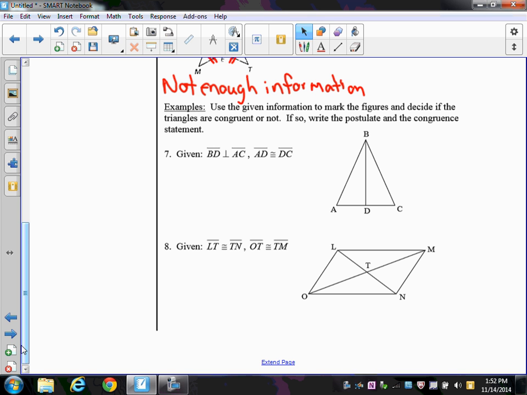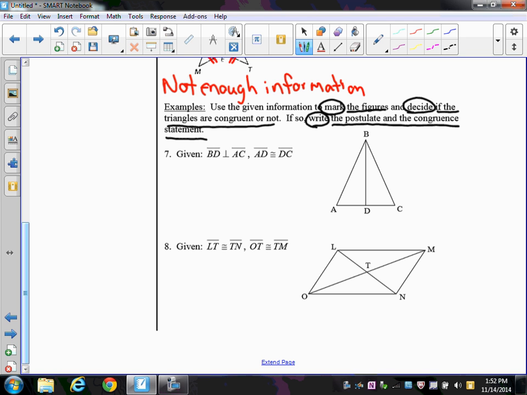So for the next few examples, it says use the given information to mark the figures. So we need to mark the figures and decide if the triangles are congruent or not. If so, write the postulate and the congruence statement. So let's fill in the information.